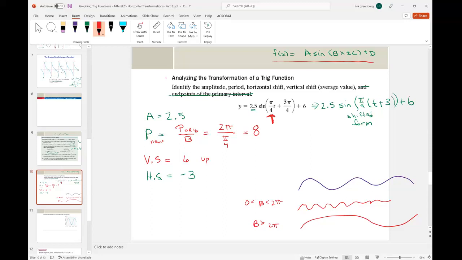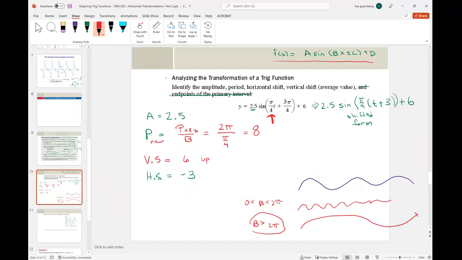Notice pi over 4: normally we would have a period of 2 pi, but instead of it being 6 point something, our period is now 8. Pi over 4 is about 3 over 4, so it is going to get a little longer. It's going to stretch.